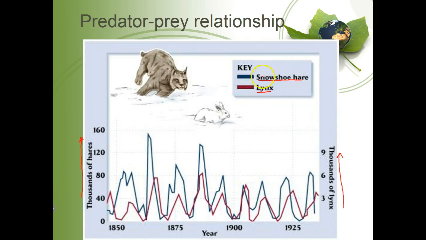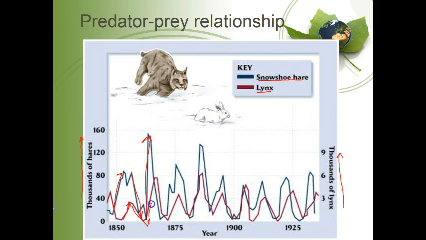So if we look at blue, which is the snowshoe hare, anytime the hare population increases, the lynx population grows with it. And then anytime the lynx population grows, or the predator population grows, then all of a sudden the prey drops. And then as soon as the prey drops, the predator drops. And then when the predator drops, the prey increases.